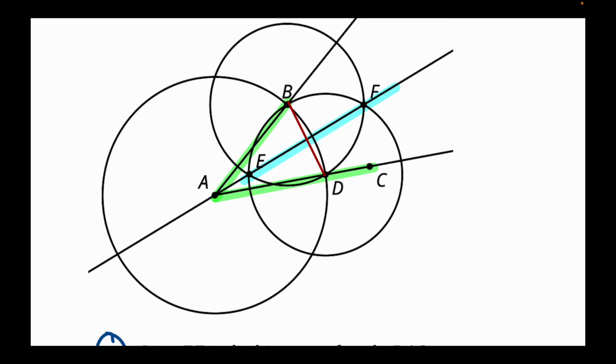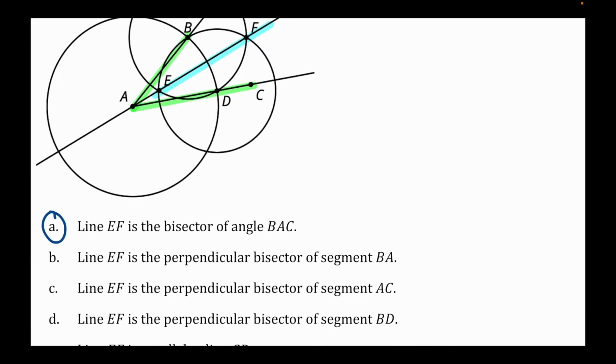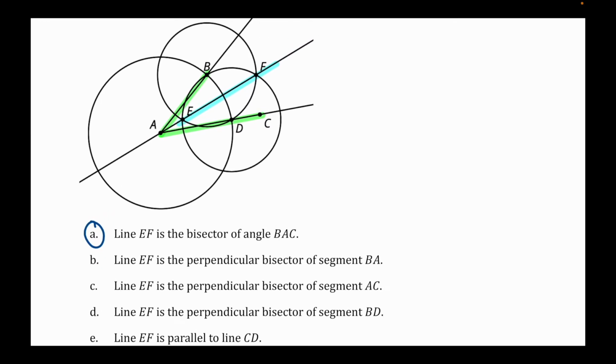And that, since B and D are on the rays of the angle, actually then creates something that cuts our angle exactly in half. So let's say that's a mouthful, so how do we word that?